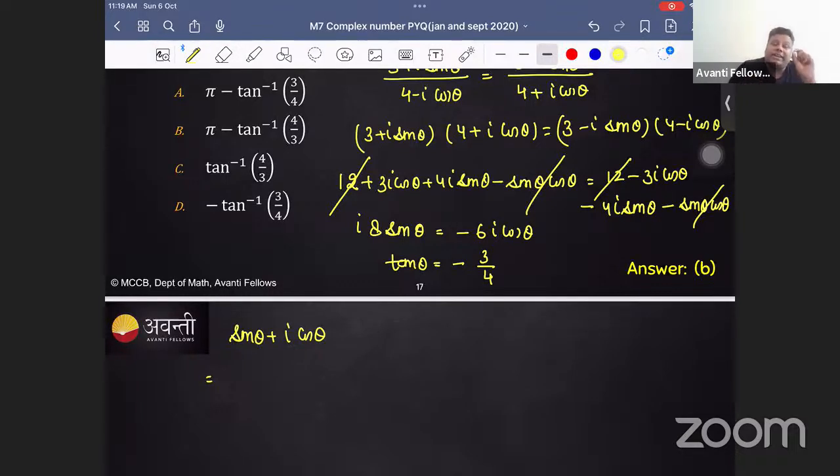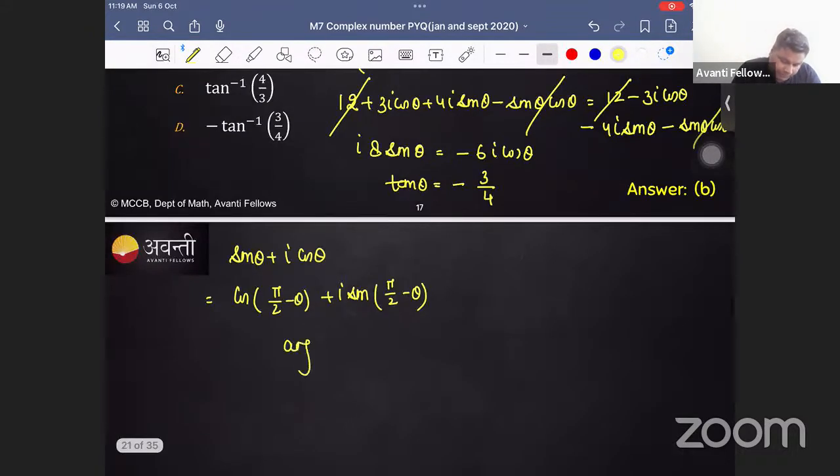Argument is θ when it is in the form of cos θ + i sin θ. So I can write it as cos(π/2 − θ) + i sin(π/2 − θ). So argument is what? π/2 − θ.